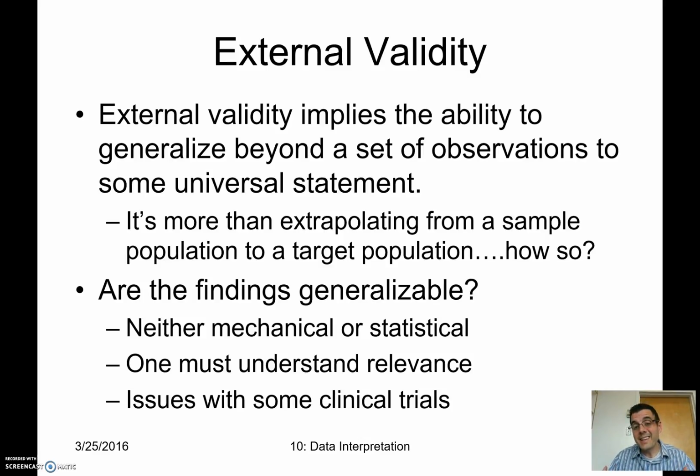It's more than extrapolating from a sample population to a target population. You have to have a study design that is not only internally valid but externally valid, so you can use this data and these findings to make general statements about this larger population.